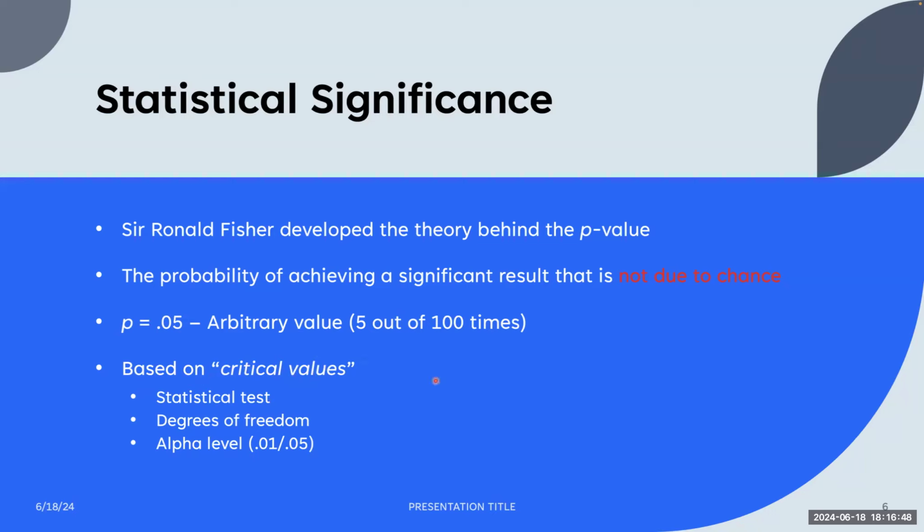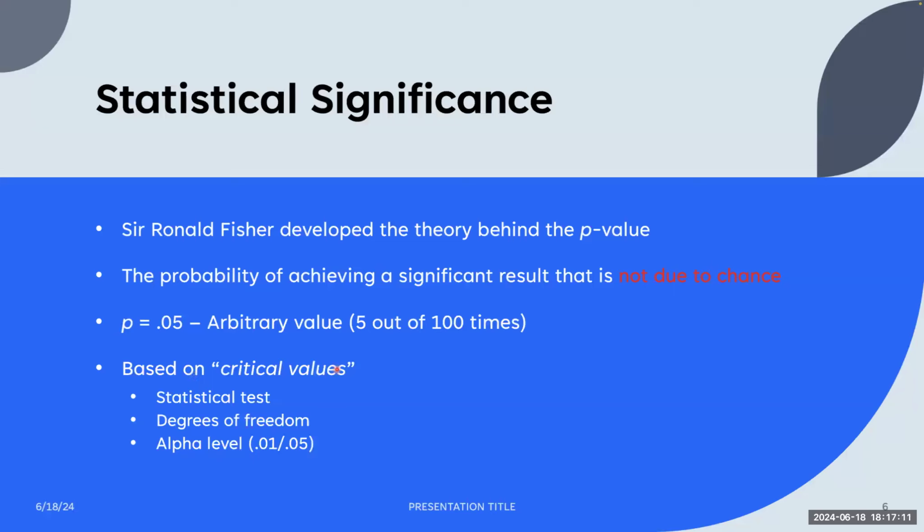Those critical values are based on the statistical test you're going to run, something called degrees of freedom, and even the alpha level that we select. We conventionally select 0.05. So based on this information, a critical value is calculated behind the scenes.